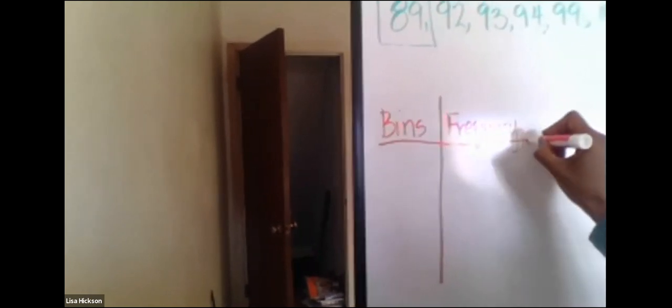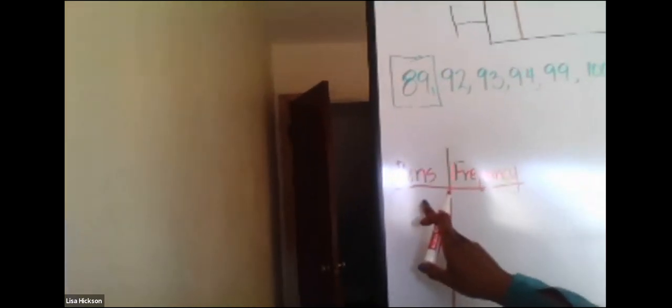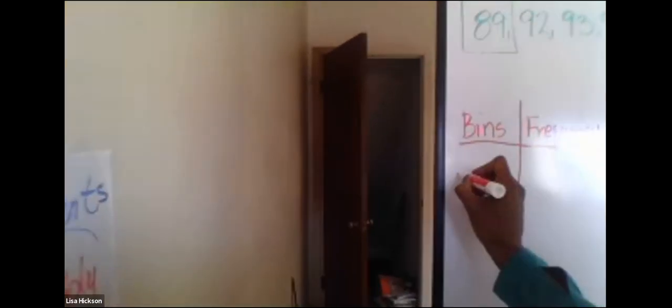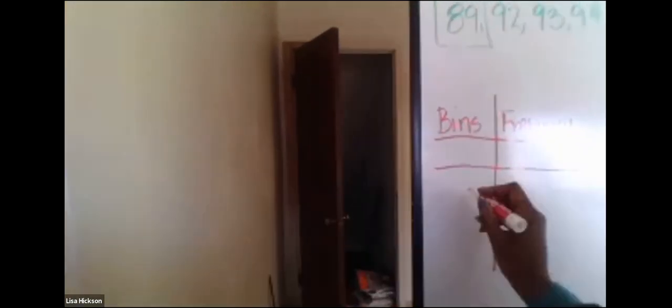You only need two columns. How did you break them up? Remember, the bins should be equally spaced. And then the frequency: how often does a number fall into that category? Somebody want to share how they broke down their bins? Remember, that is your choice.